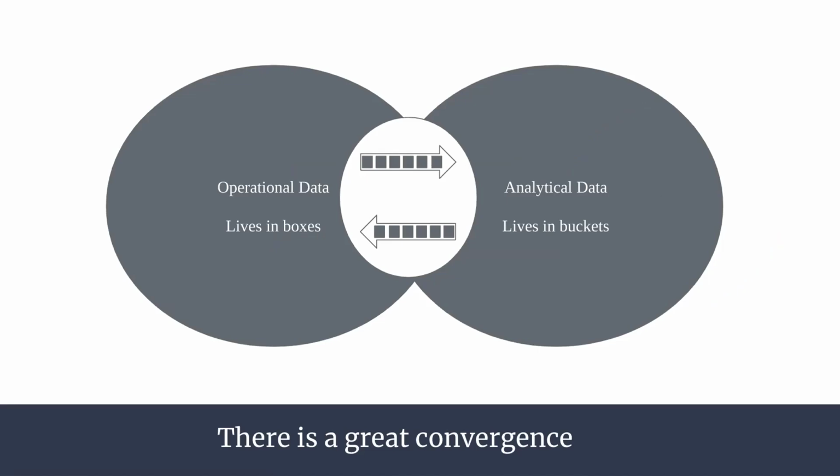In fact, at some level, it is even difficult to say what the heck is operational data, what the heck is analytical data. So for example, if you're running a SaaS offering of some kind, you're going to use a machine learning model based on what a user is doing presently to generate an insight and basically ship it back to the app or the website or wherever your users are interacting.